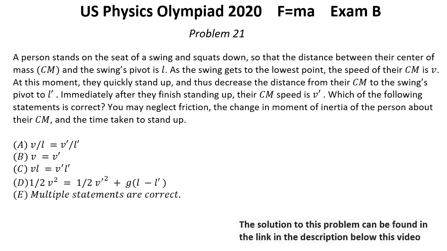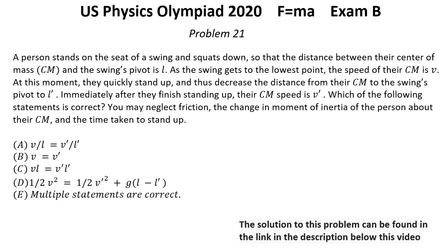Problem number 21. A person stands on the seat of a swing and squats down, so that the distance between their center of mass, cm, and the swing's pivot is L. As the swing gets to the lowest point, the speed of their center of mass is v.